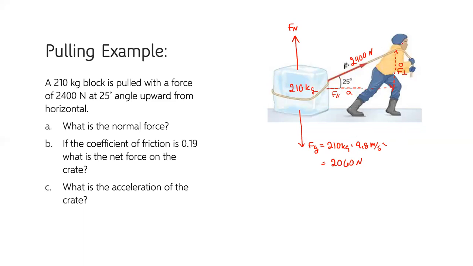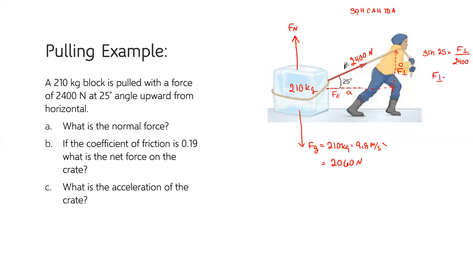Now to quickly calculate those for us, so to figure out what the forces are, sine of 25 degrees is going to be equal to, well, hypotenuse we know is 2400. Remember SOHCAHTOA? Sine uses opposite, so opposite's going to be that force perpendicular. Okay, at this point, you should be able to rearrange that. I'm not going to go through the rearranging with you.